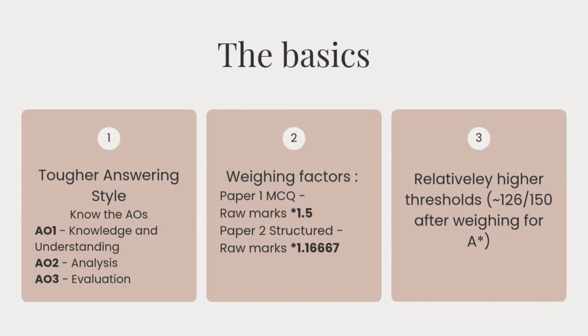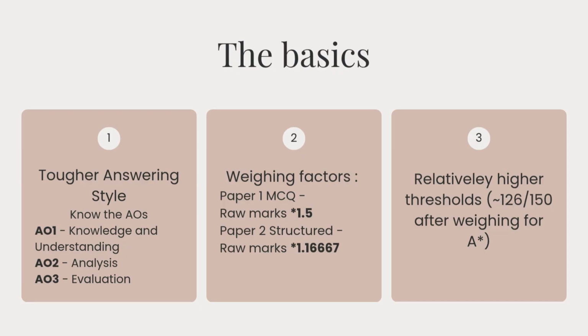Now, first of all, let's know the basics of the syllabus. You just need to know mainly what the assessment objectives are, because they are very important when you're answering paper 2 especially. So here you have AO1, which assesses your knowledge and conceptual textbook knowledge, basically all the facts that you're learning throughout the syllabus.